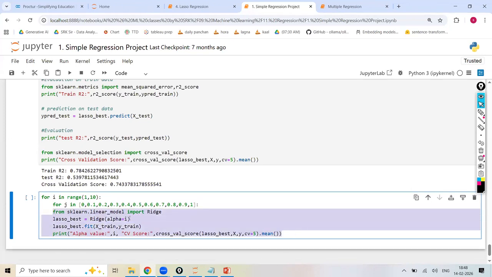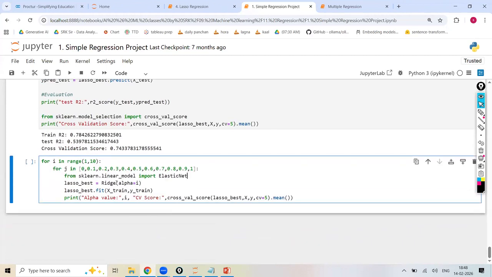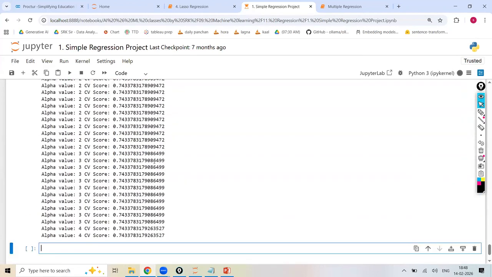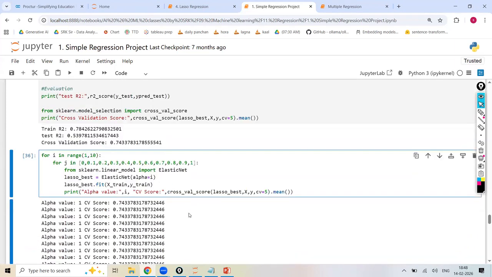Now here I'm going to import the elastic net. And in this, I'm going to write elastic net, alpha is equal to i. Along with alpha equal to i, I'm going to take one more parameter. What is that one more parameter? One minute.